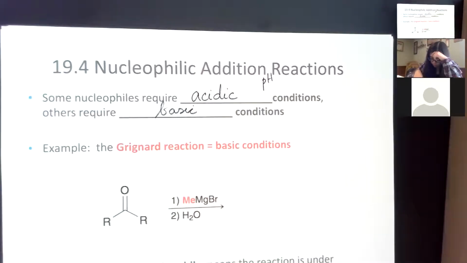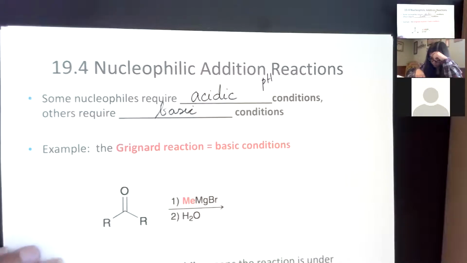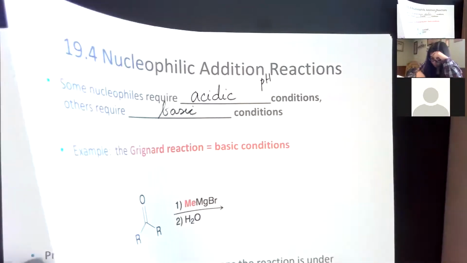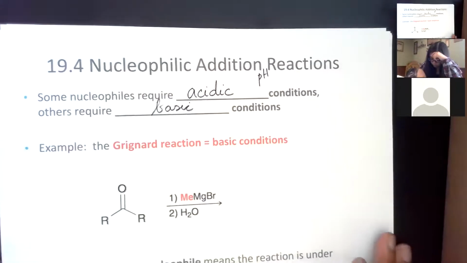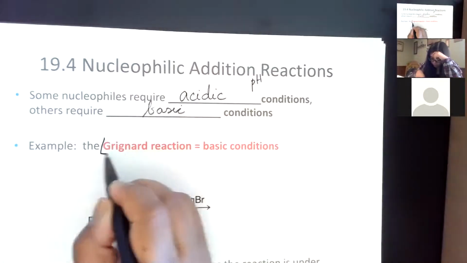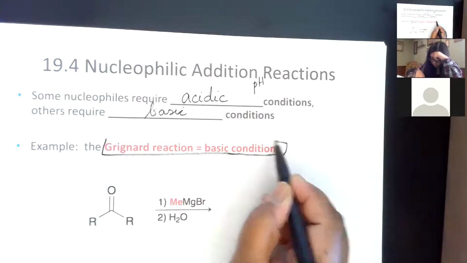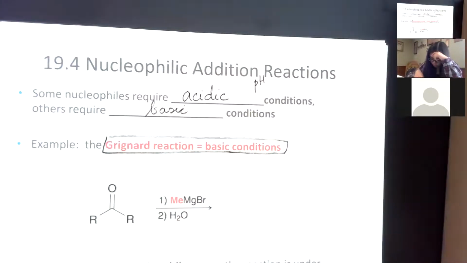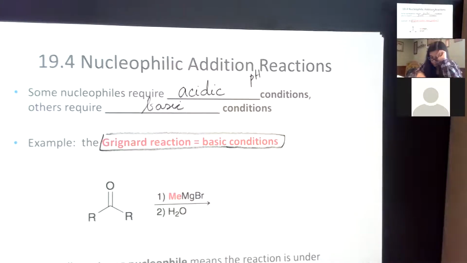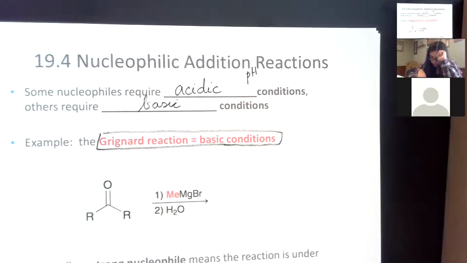Now, we are going to look at carbon nucleophiles, nitrogen nucleophiles, oxygen nucleophiles. So if you're doing a Grignard reaction, this is basic conditions. Okay, we'll see what that means.